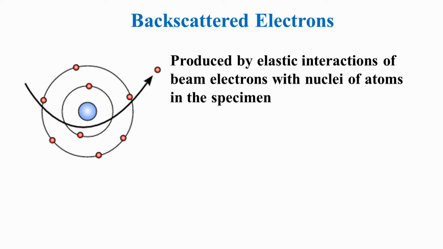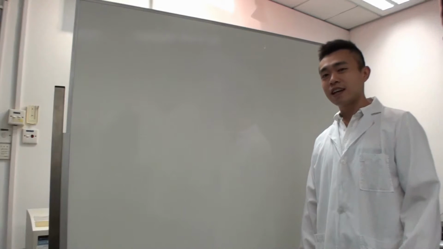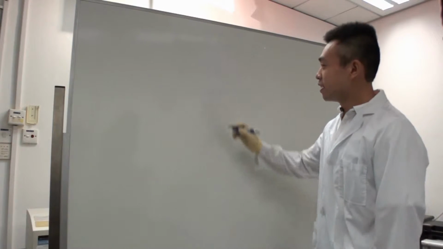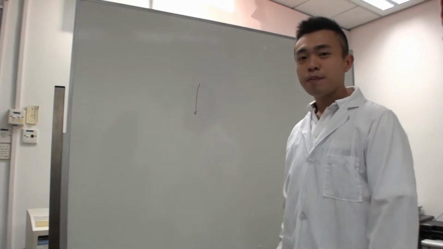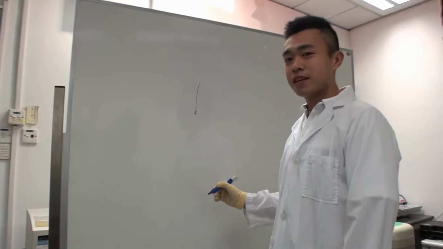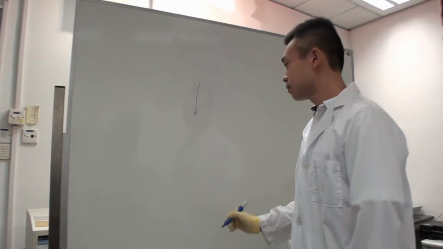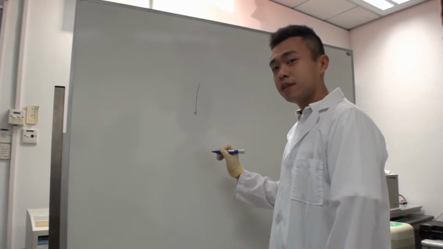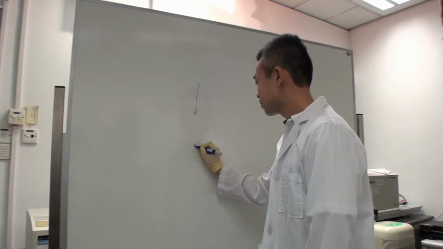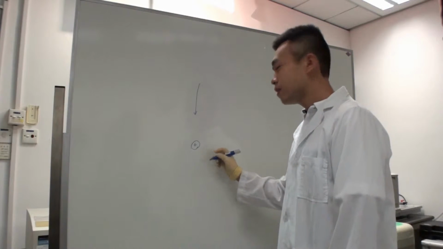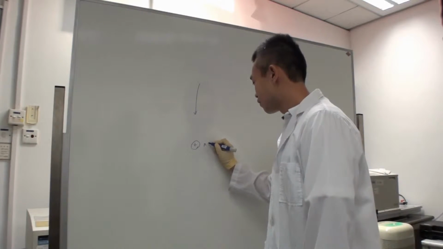This is the backscattered electron. It is produced by elastic interaction of beam electrons with the nuclei of atoms in the specimen. Let's make it clear. As I just said, the incident electron beam may collide with an extranuclear electron, but it may not. This is the nucleus of an atom.